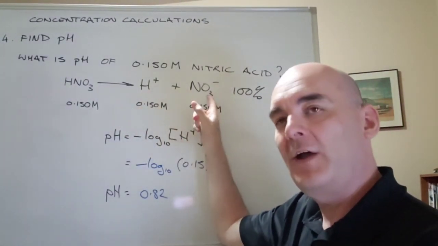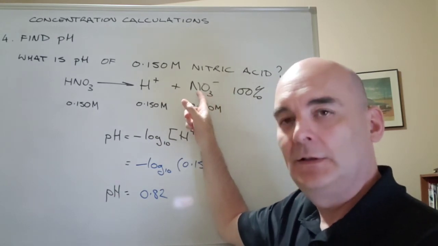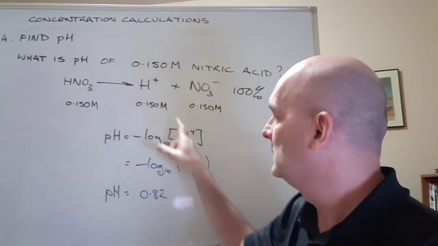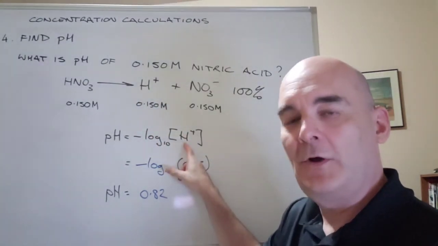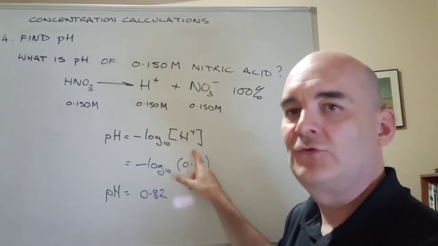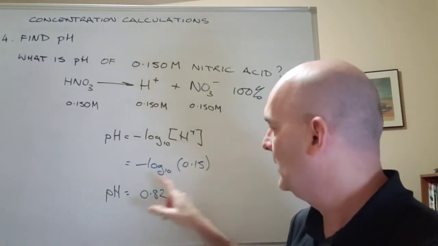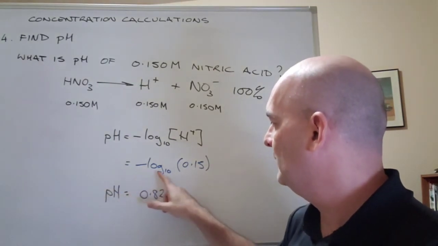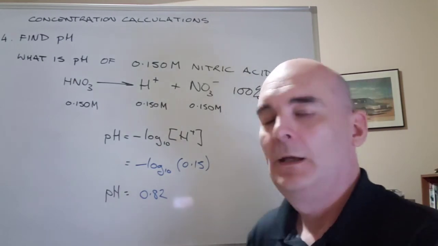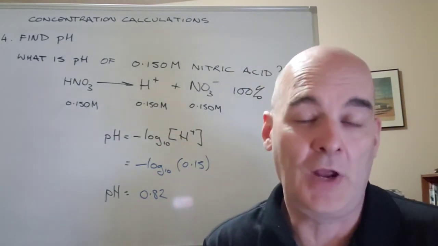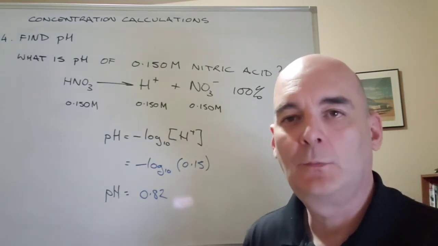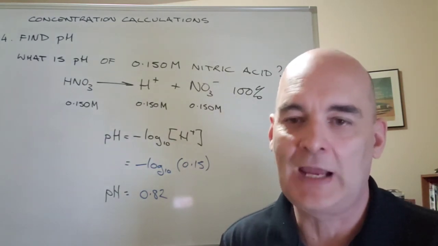I also have 0.15 molar nitrate, but I don't care about that. That H+ goes directly in this box because pH is the negative log to the base 10 of the hydronium ion concentration. So pH equals negative log to the base 10 of 0.15. The pH of this acid, a strong acid, comes out between 0 and 1, where we would expect strong acids to have their pH.